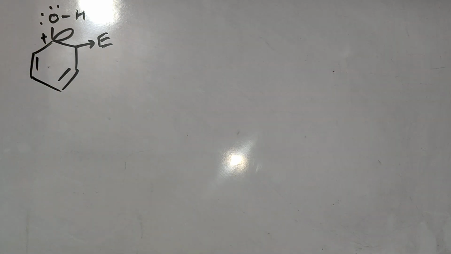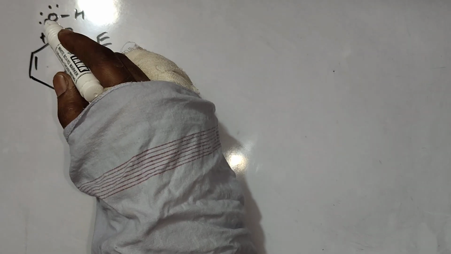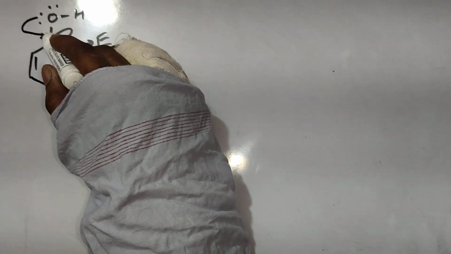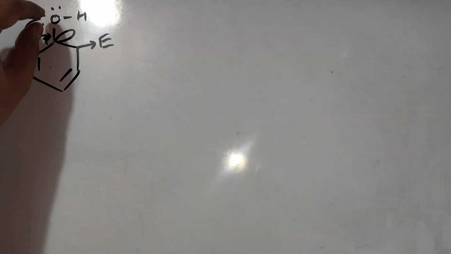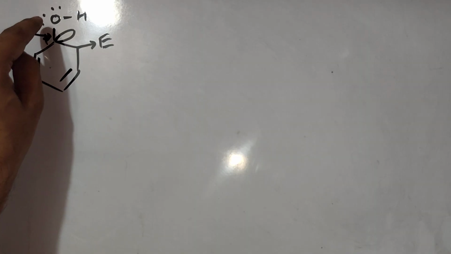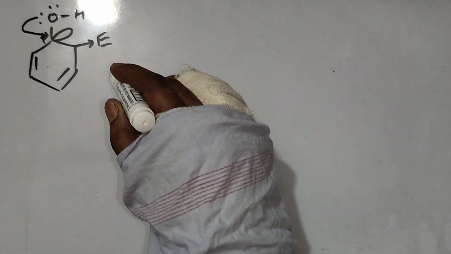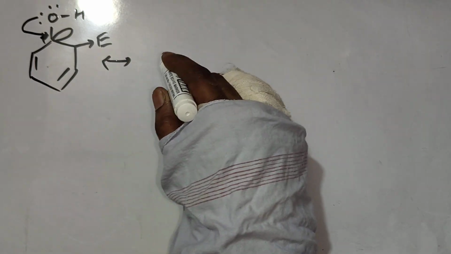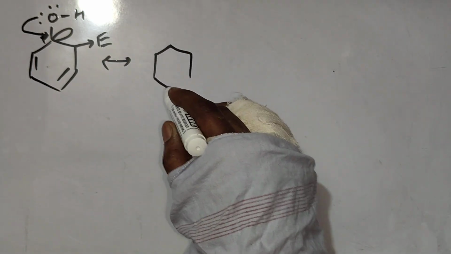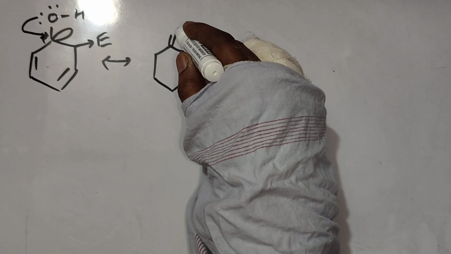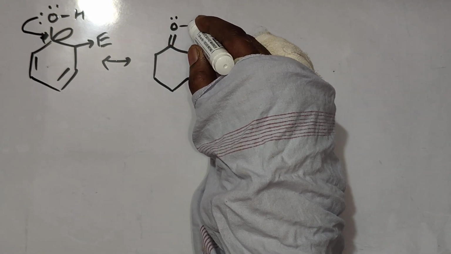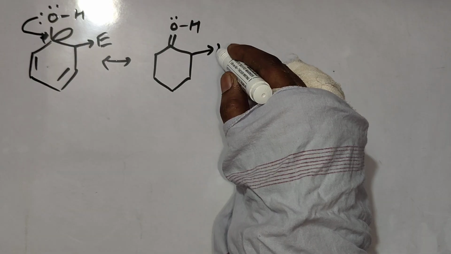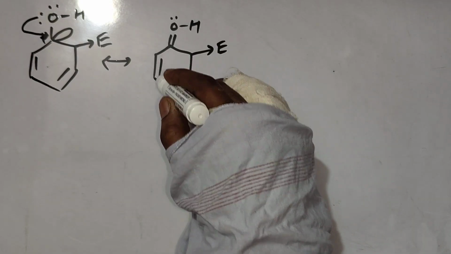Let's start. The very first way is resonance. If oxygen delivers its lone pair here, the vacant orbital and lone pair will make a bond with each other. So the positive charge of carbon can be finished. Check. A double bond will come between oxygen and carbon, and the rest of the molecule is as it is, no change.